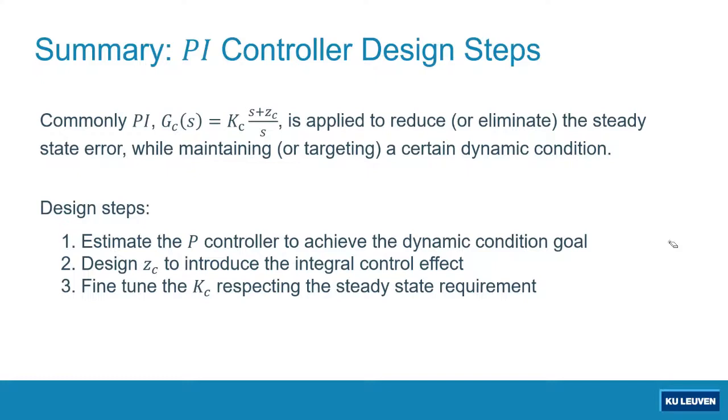After you have completed it, you might still want to fine-tune the gain of your PI controller, just like what we discussed in the last few slides. Okay, so that's basically our discussion on how to design a PI controller.